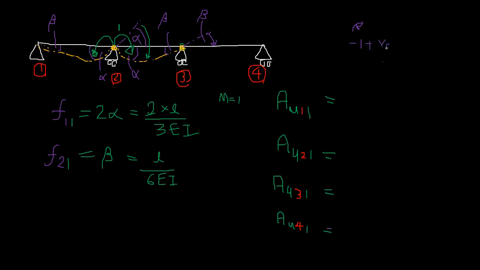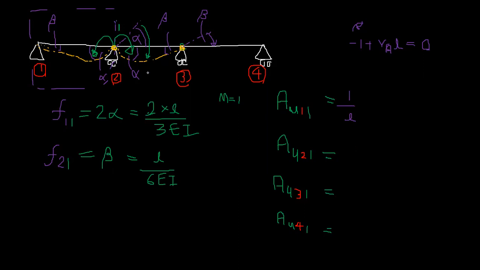So I'll call it VA into L is equal to 0. It is 1 over L, right? If it is 1 over L at 2, it's going to be minus 1 over L by considering the vertical equilibrium of this part, because from the hinge you can separate it, right?